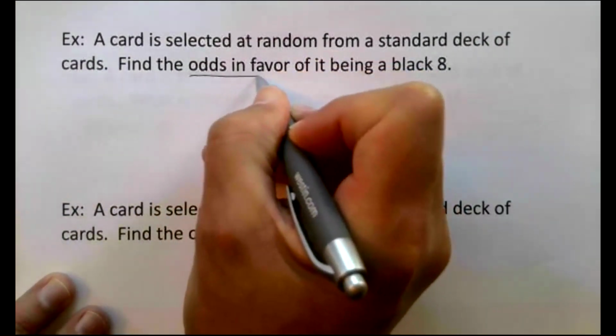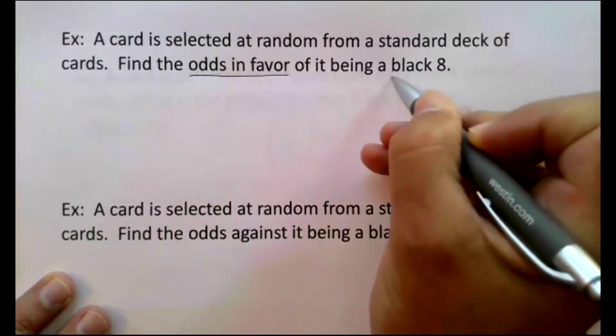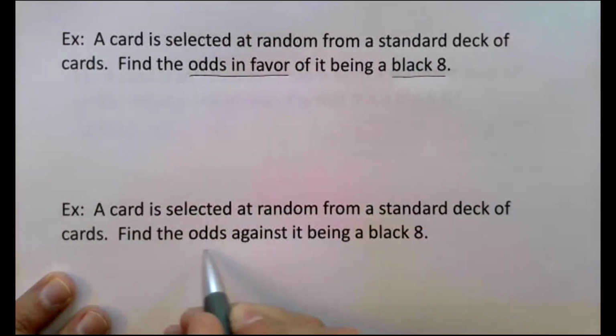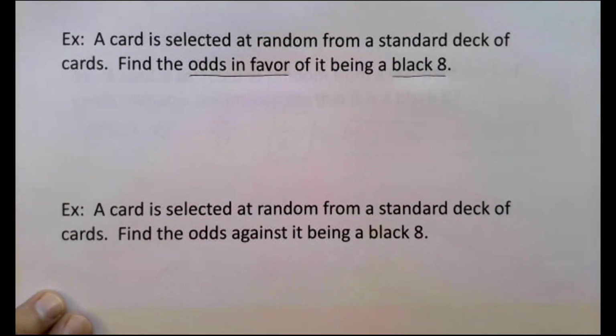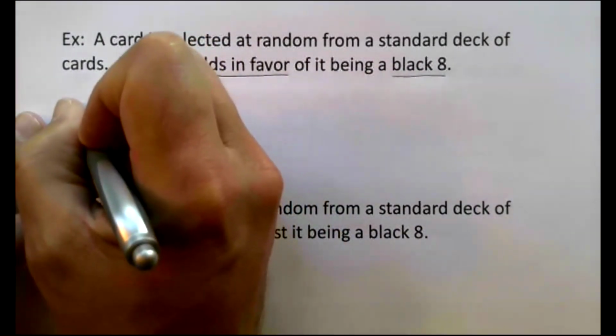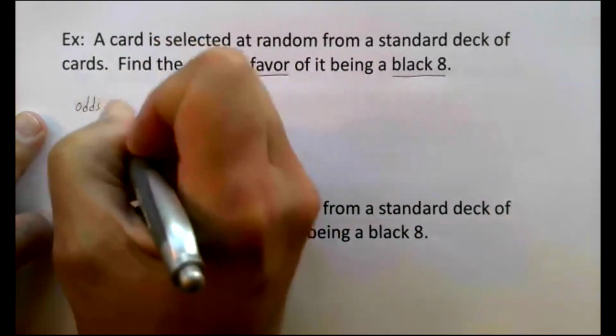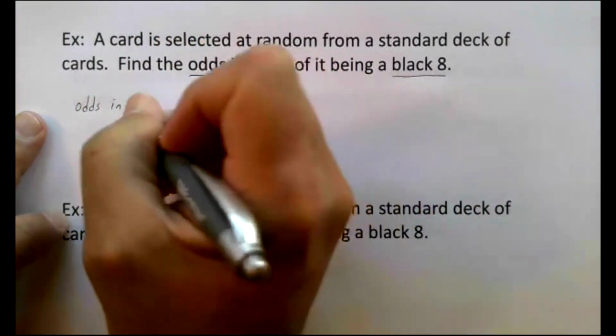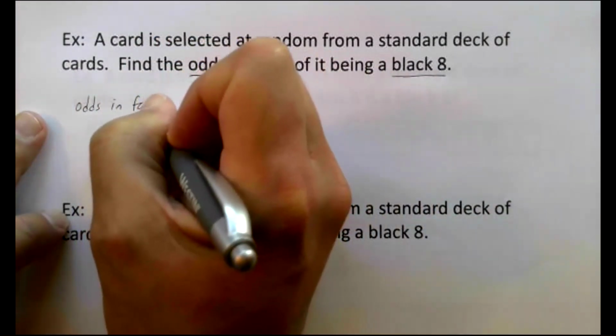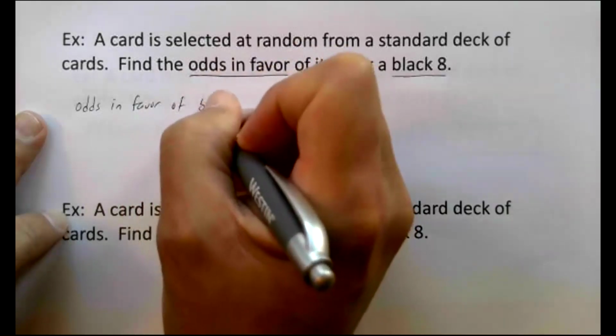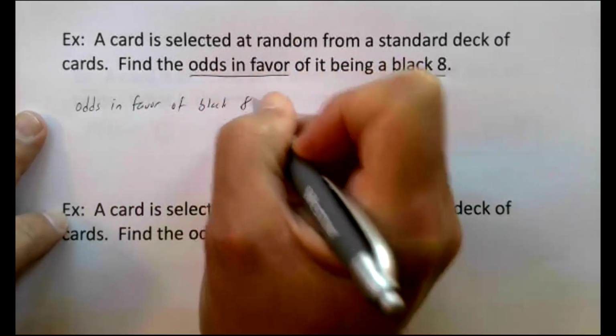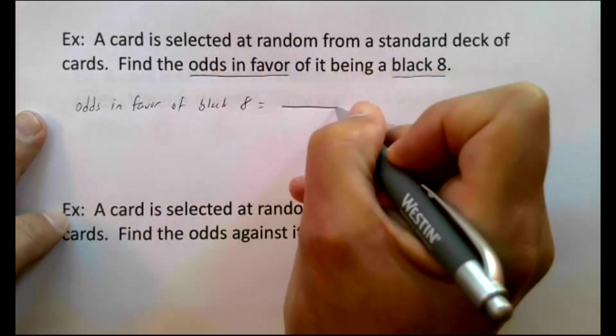Find the odds in favor of getting a black 8, and then odds against will be our next question there. So this is not the same thing as probability. It's a different definition.